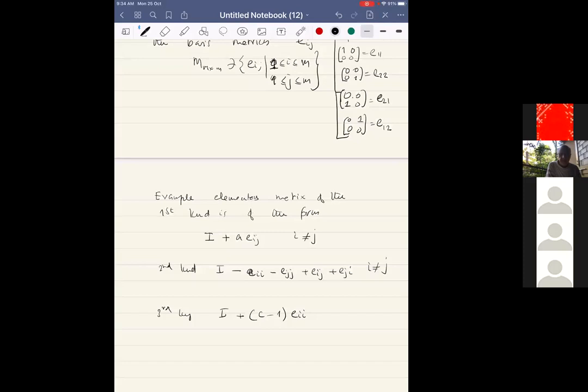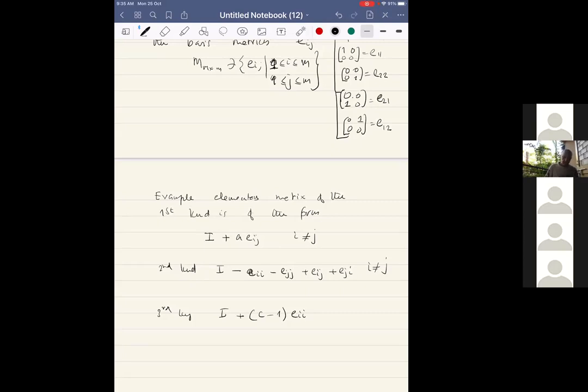These Eij are square matrices of size m. That is why there are two indices, Eij. Somebody had a question about the two indices in the Eij. Yes, Swaminath. Are you okay now? Yeah, I'm fine, sir.